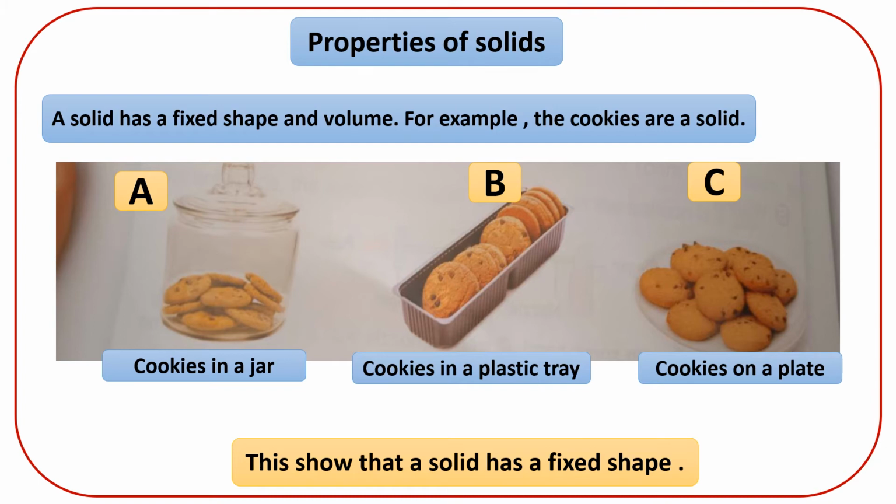Even in B, the shape is the same. Even in C, the shape is the same. Okay? So we end by saying that a solid has a fixed shape and volume. Thank you so much, students.